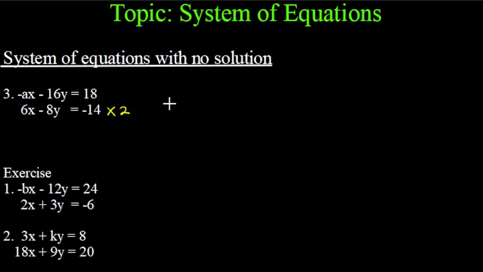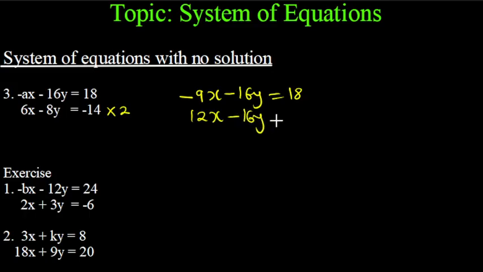Now we bring down the first one here. This is negative ax minus 16y is equal to 18, and 2 times 6x is 12x, minus 2 times this one here is 16y, and this is equal to 2 times this, negative 28.